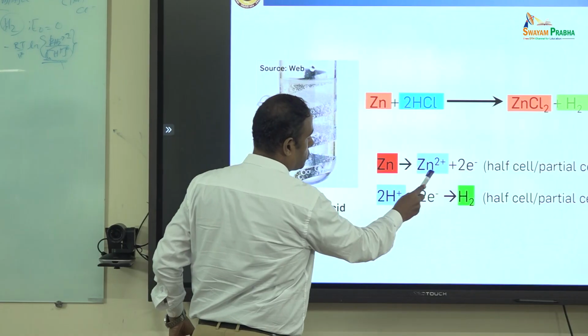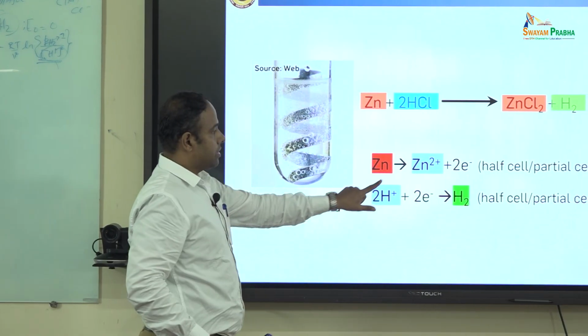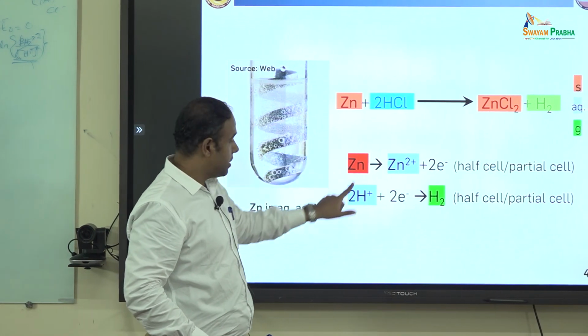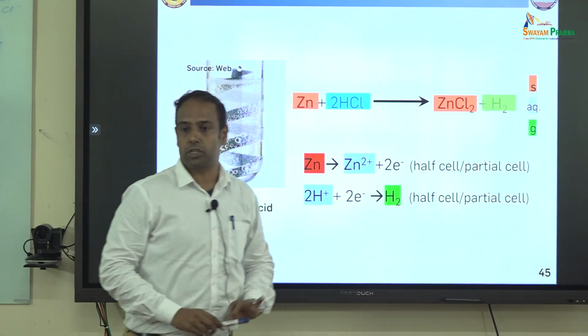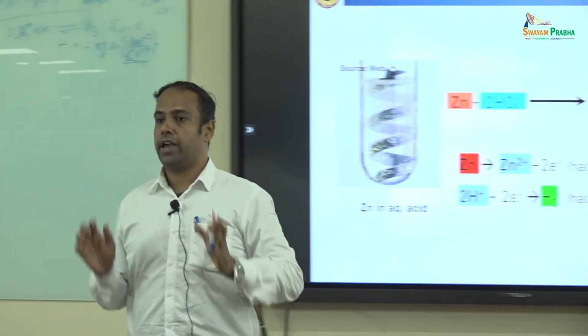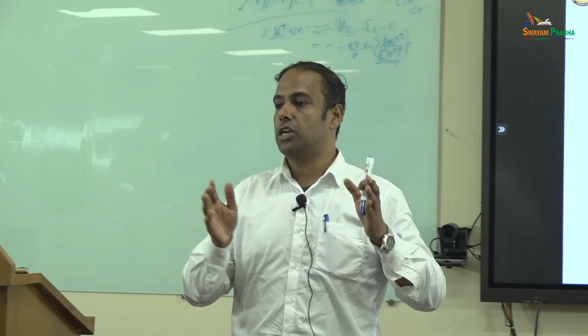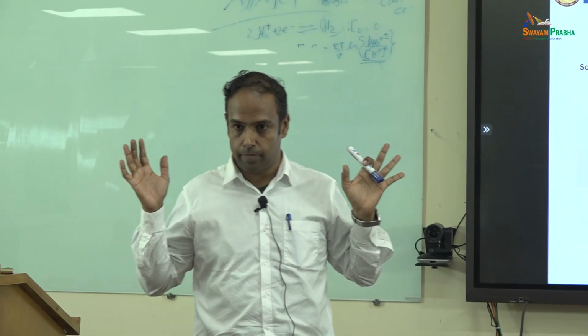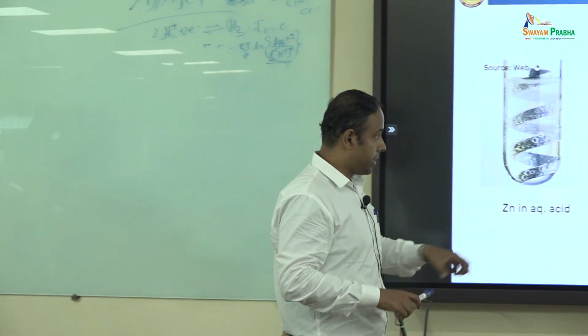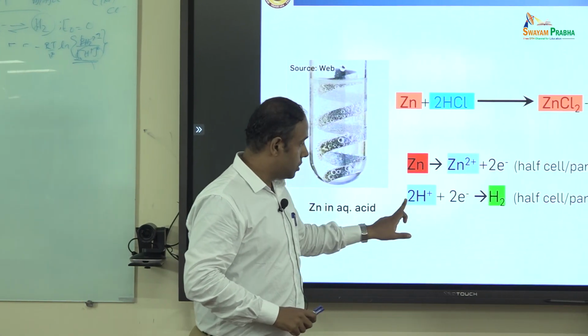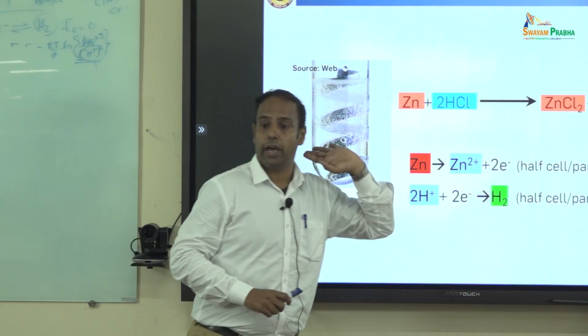Zinc is becoming Zn2+ and 2 electrons, and these electrons are picked up by the protons present, 2H+ plus 2 electrons, forming H2. So an overall reaction can be divided into multiple partial reactions: Zn giving Zn2+ and 2 electrons, and 2H+ plus 2 electrons giving H2.